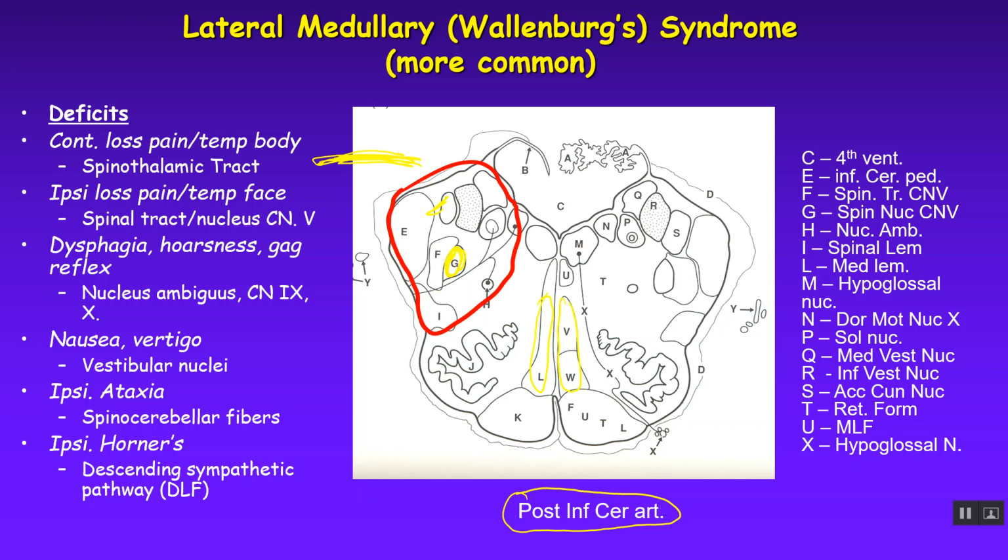They will often have some dysphagia and hoarseness and a gag reflex problem, possibly some dysarthria, because you damage the nucleus ambiguus. That's this area here, nucleus ambiguus. But you also might catch the dorsal motor nucleus of the vagus back here a little bit.